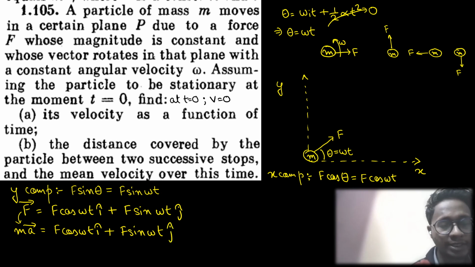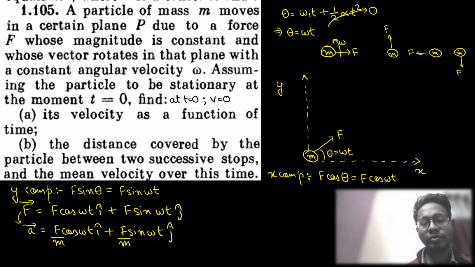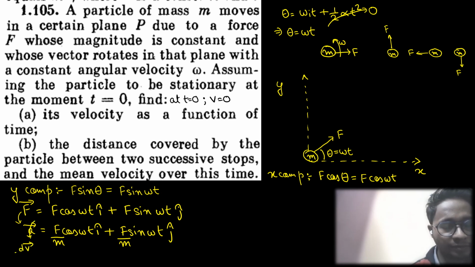Now, can I divide this by mass? Mass is a scalar quantity, so if I divide by mass, I get this value. So we got the value of acceleration. And what is acceleration? Acceleration is nothing but dv by dt. So dv by dt is equal to this entire value, so I'm substituting this for dv by dt.